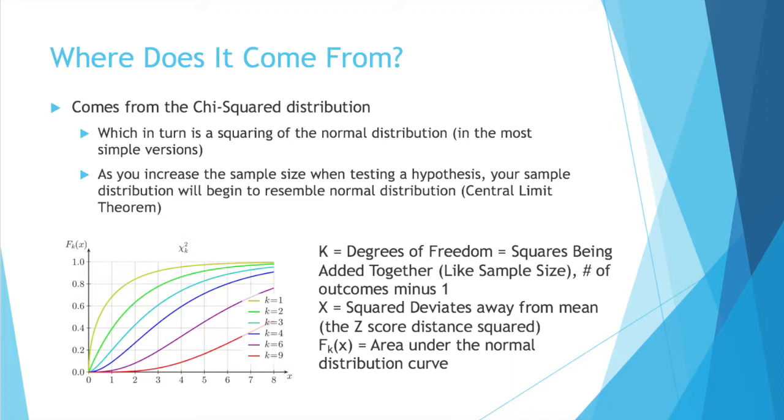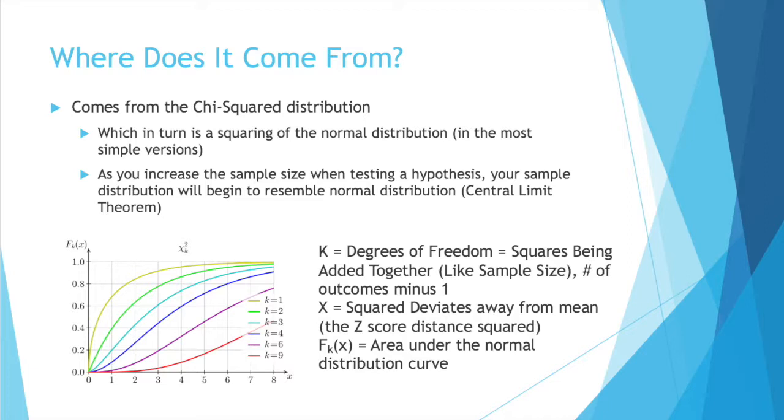So the whole point of this graph is just to show that as you increase your square deviates away from the mean, you're going to capture more and more of all the possible outcomes. For example, if you look at the topmost line, at a value of x equals 4, it captures nearly 100% of your possible outcomes.